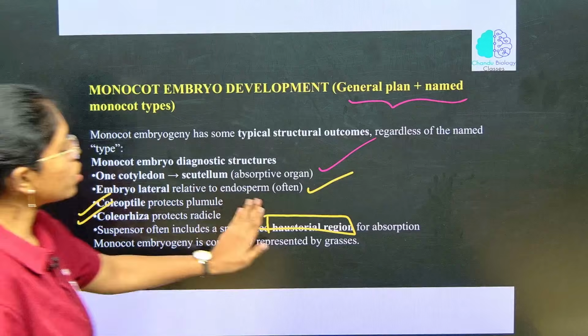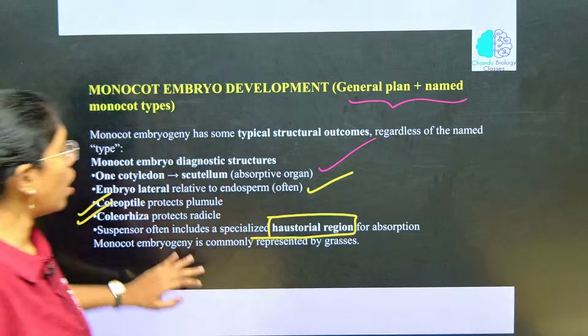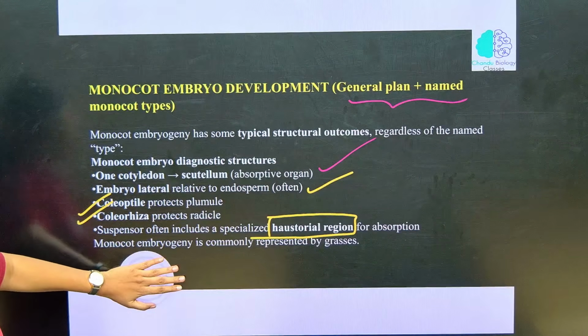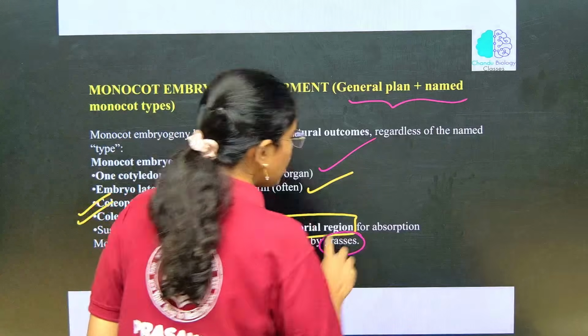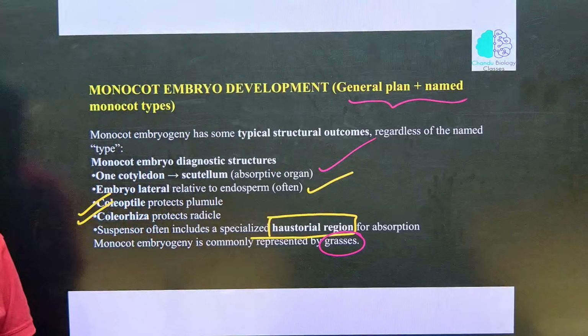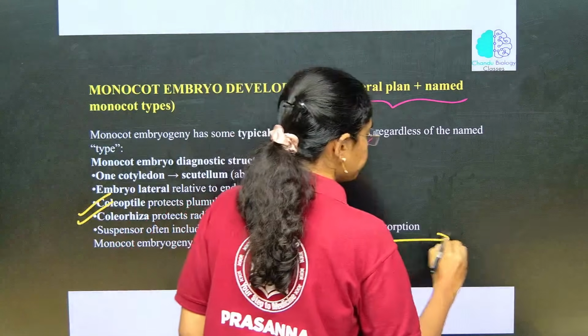This specialized haustorial region aids absorption in monocot embryogeny, especially in some grasses. In some grasses, the remnants of a secondary cotyledon are also present. The remnants of the secondary cotyledon are known as epiblast.